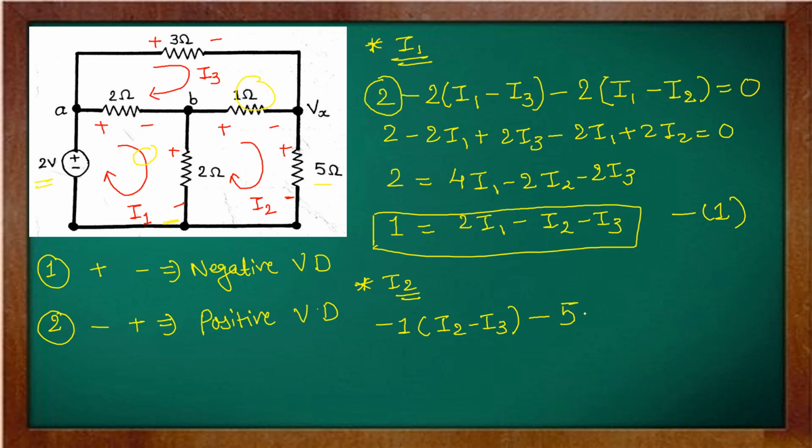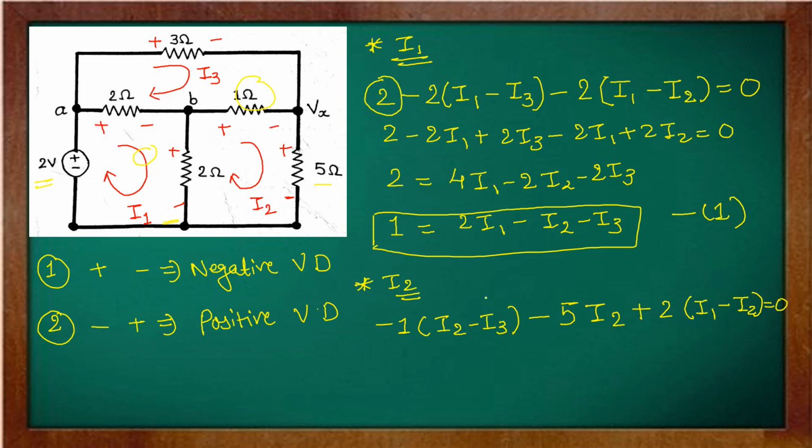The resistor is 5 and I2 is entering from the positive terminal. Now for the 2 ohm, polarity is changing from negative to positive. Case number 2, the voltage drop is positive. The resistor value is 2, I1 is entering from the positive terminal and I2 is entering from the negative terminal.